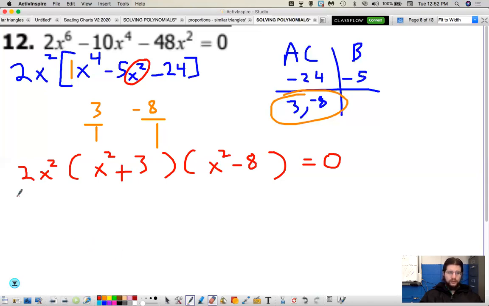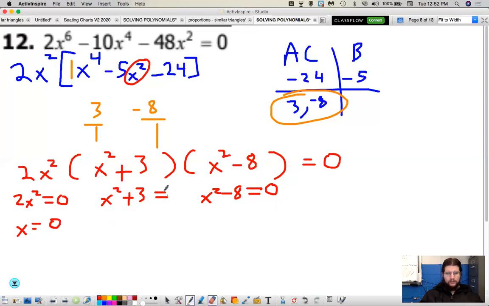Set each one of these equal to 0. And solve them. That's 0 twice. Oops.